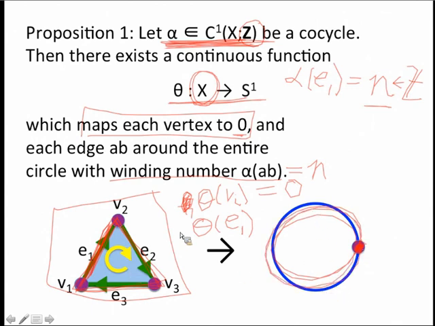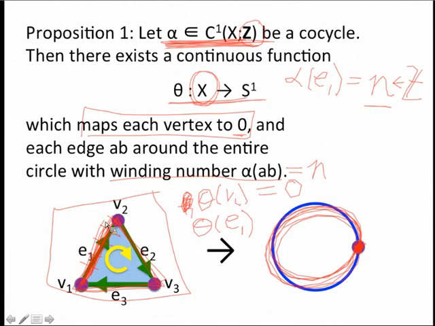I can do that. I'll partition this edge into n pieces, and each of these pieces will wrap around once in the same direction, and that tells me where my edge E1 goes.